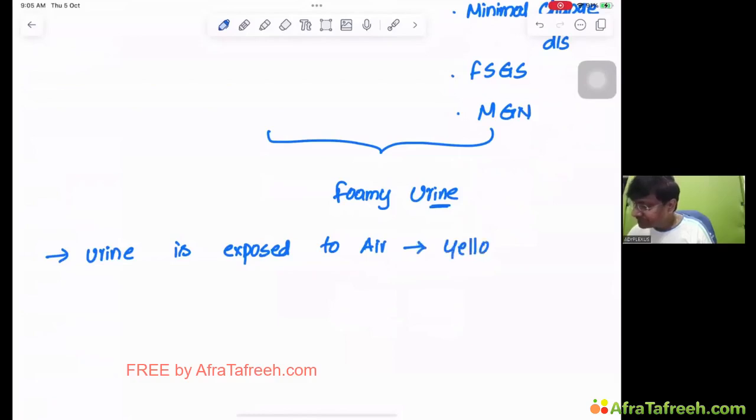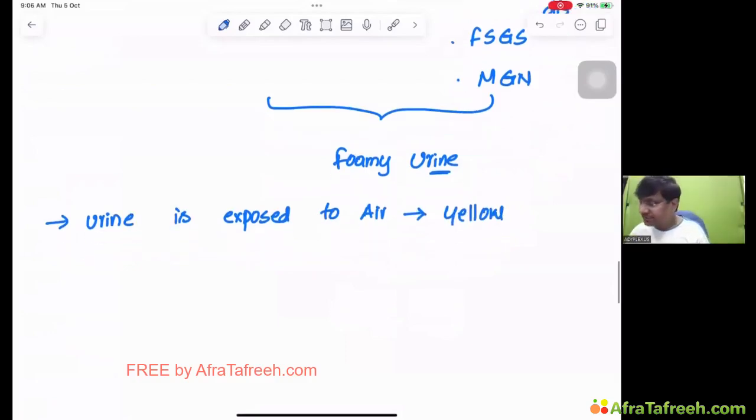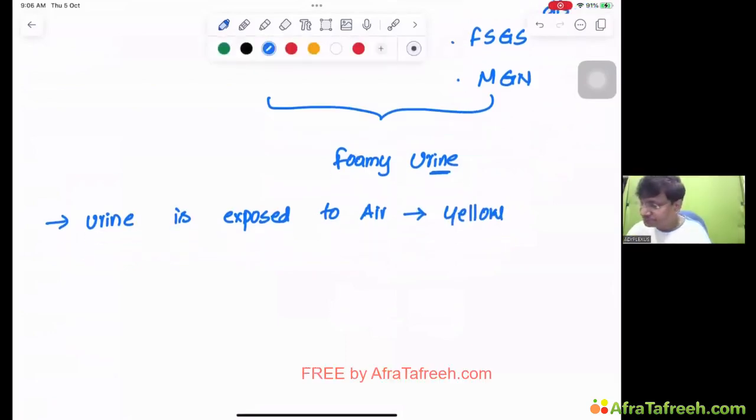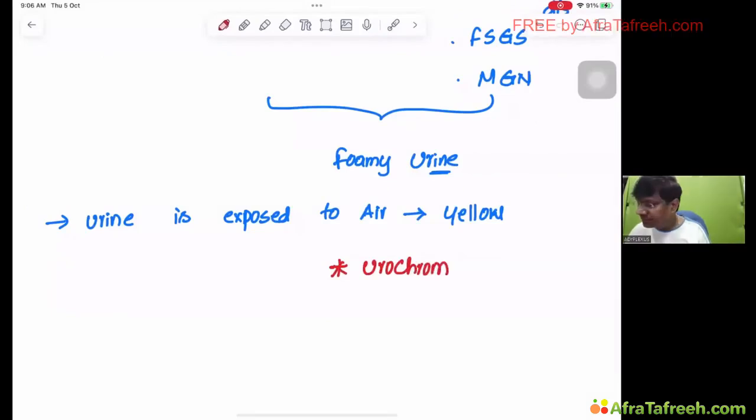Now, why is it turning yellow? That is due to the presence of an important substance called urochromes, that will give yellow color to the urine.